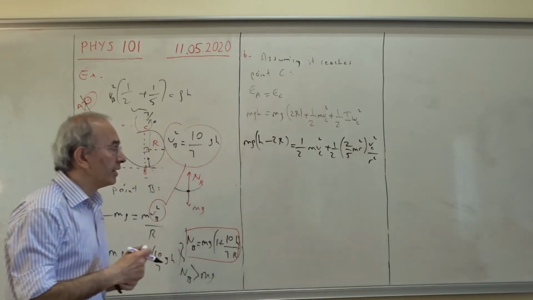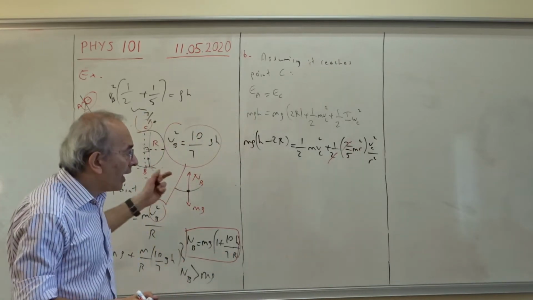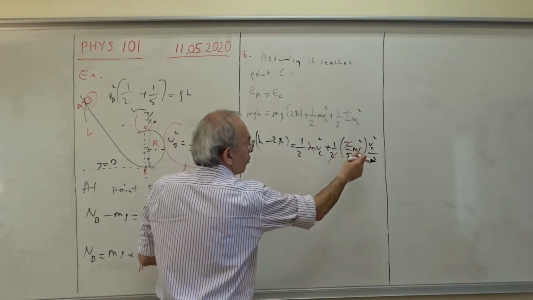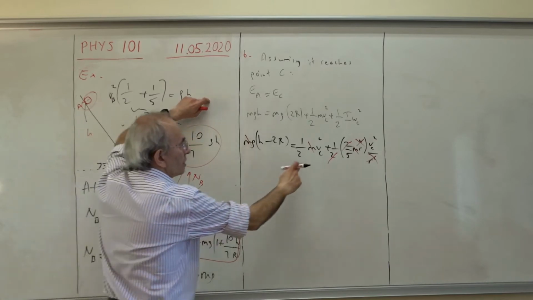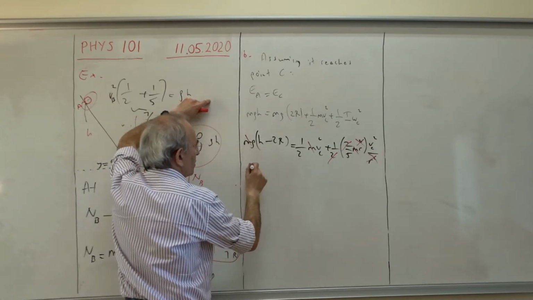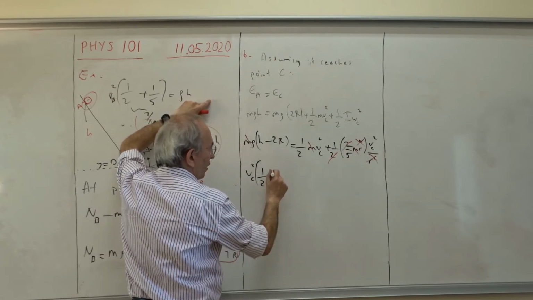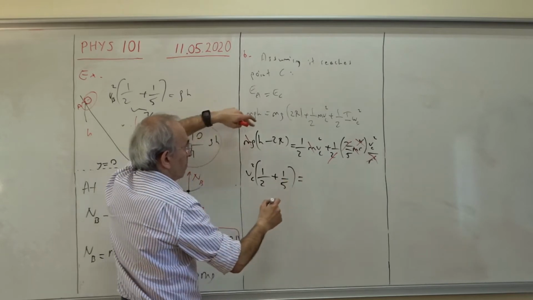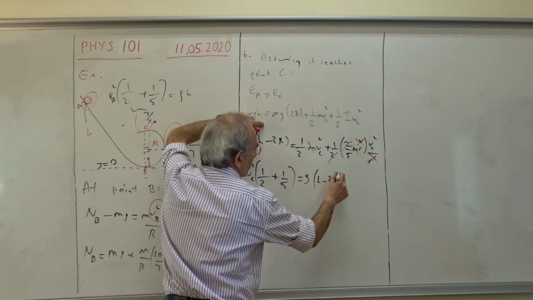There are some cancellations. First of all, these 2's will cancel, m's will cancel throughout, those r squares will cancel. So we have VC squared multiplied by 1/2 plus 1/5 again equals g times h minus 2R.